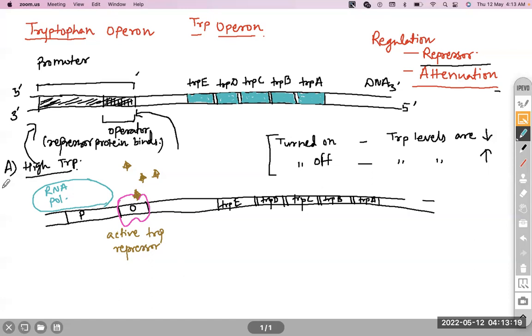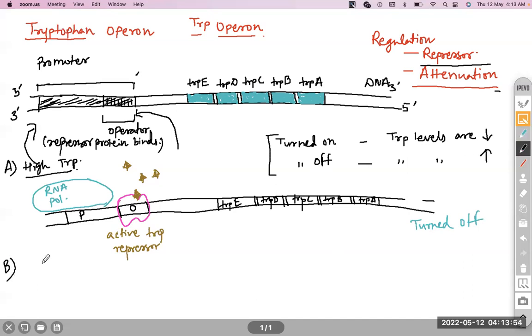So in this situation, when tryptophan level is high, active TRP repressor protein is blocking the RNA polymerase to transcribe the genes of this TRP operon. So in this case, it is turned off. This operon is turned off. Okay, students, आ रहा समझ में?